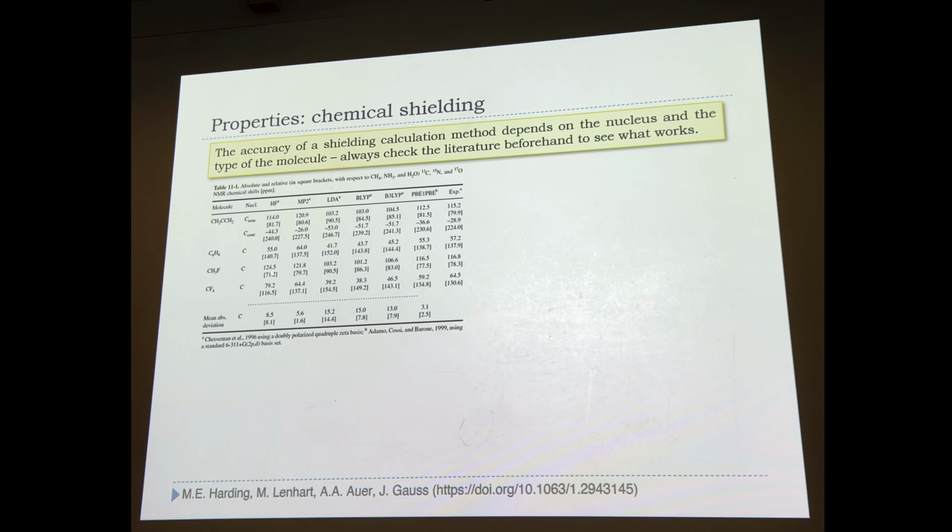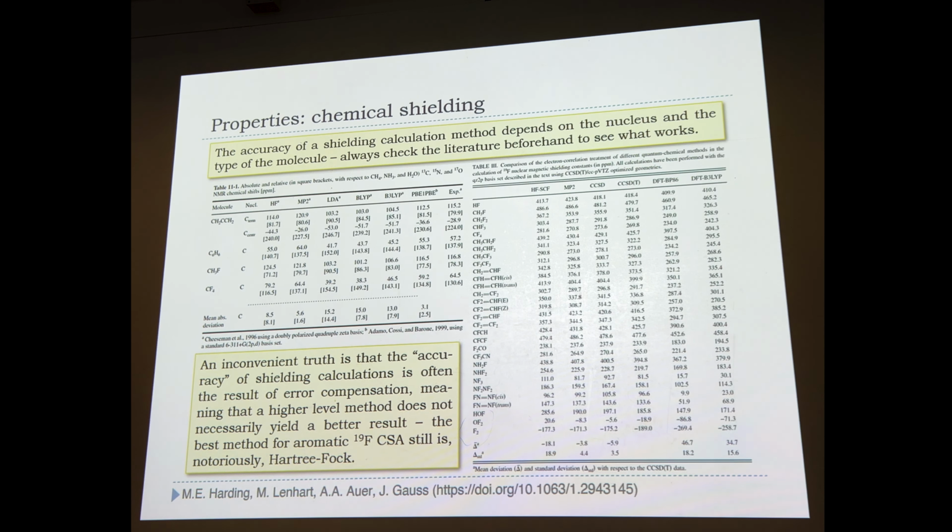You can see ostensibly, even Hartree-Fock not too bad. Well, too bad, I mean, depending, right? So here it's off by a ppm, but here it's off by 20 ppm, so significant difference. DFT is usually better, but in a lot of cases that's an error compensation situation.